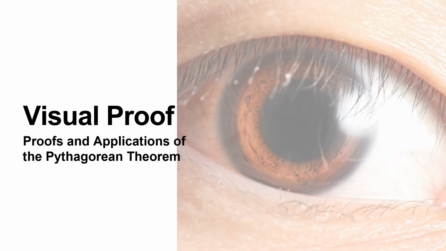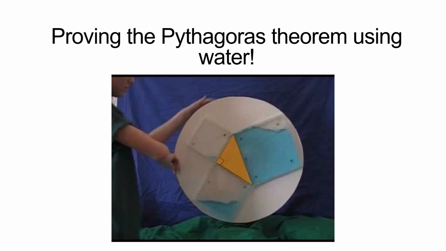Finally, let's explore a visual proof. Visual proofs use diagrams, pictures, and real-life objects to make the theorem clear and understandable. The visual proof we will showcase in this video is a very creative one, since it uses fluid laws to its advantage for the purpose of reshaping areas.